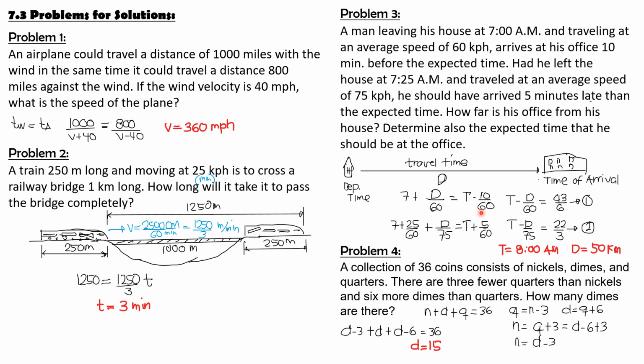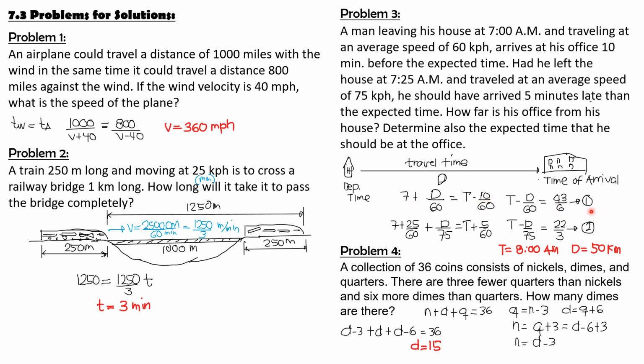So the time of arrival is expected time of arrival minus 10 over 60 of an hour. So simplifying, t minus d over 60 equals 7 plus 1/6, which is 43 over 6.